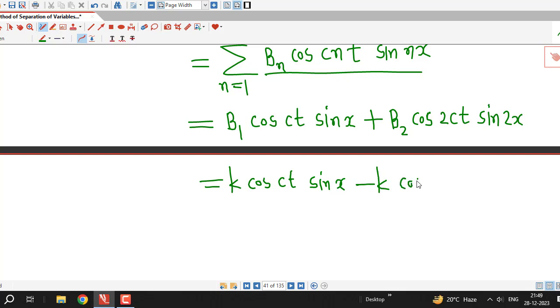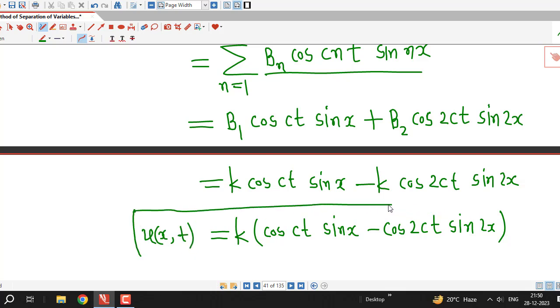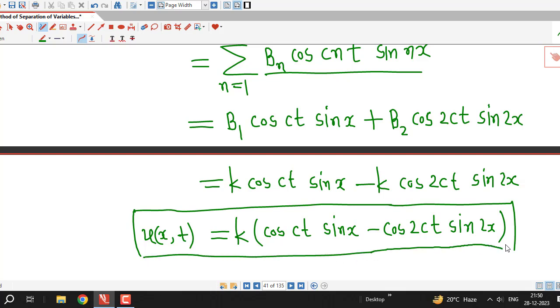So here I write minus k cos 2ct sin 2x, and if we wish we can take k common, and we can write in the bracket cosine ct sin x minus cosine of 2ct into sin 2x. This is the required deflection of the string which satisfies the given initial and boundary conditions.